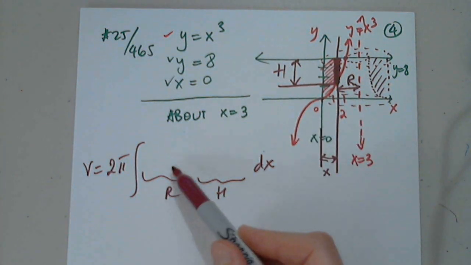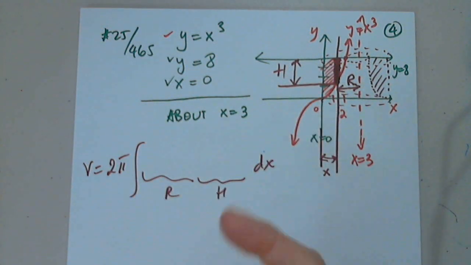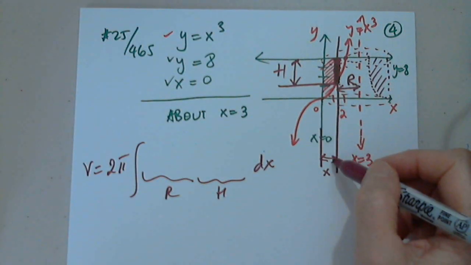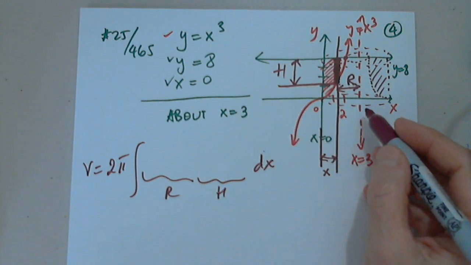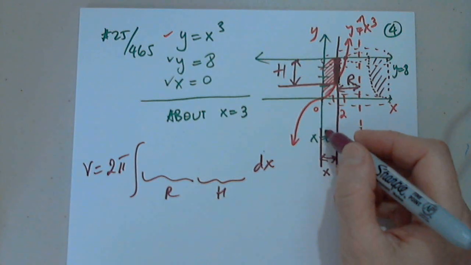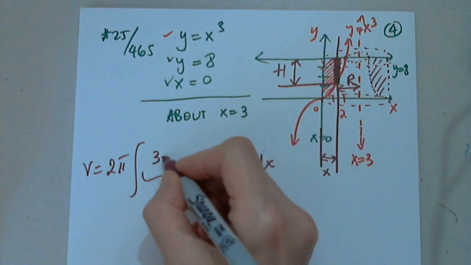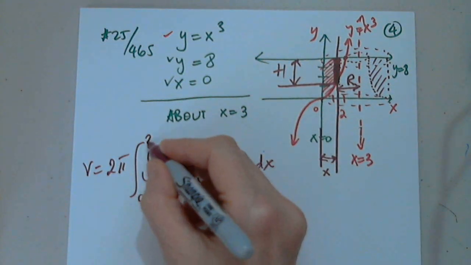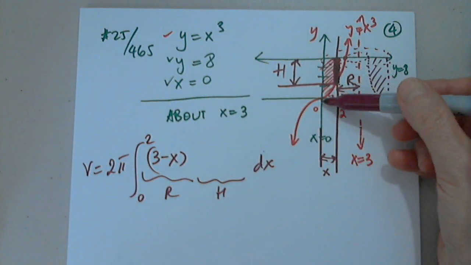The radius will go here, the height will go here. It doesn't matter if you reverse them. It's a product. It's commutative. So the radius for this piece, for any x value, will be 3 minus x. And of course, this is between 0 and 2, where the area is.